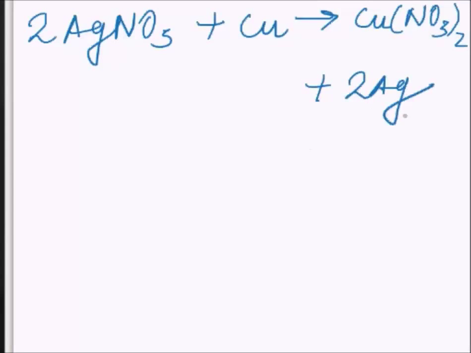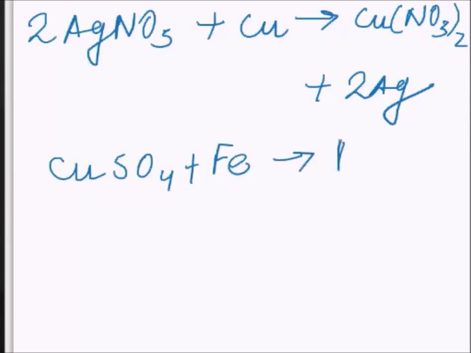So copper displaces silver. Another chemical reaction is of copper sulfate. When it reacts with iron, iron sulfate along with copper will be formed. In this chemical reaction, iron displaces copper from copper sulfate solution.